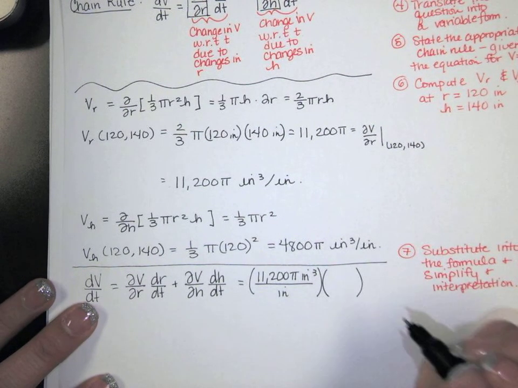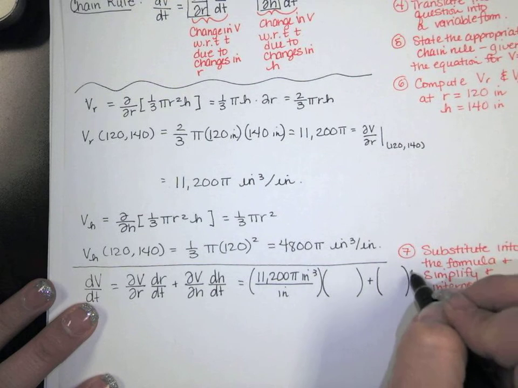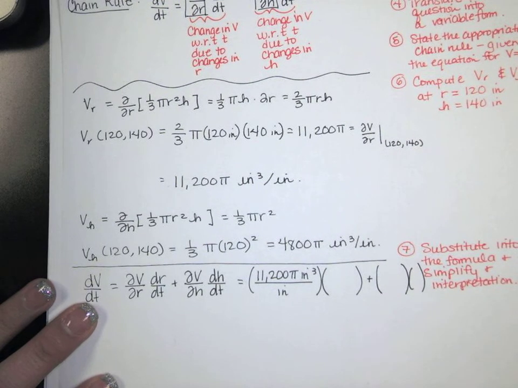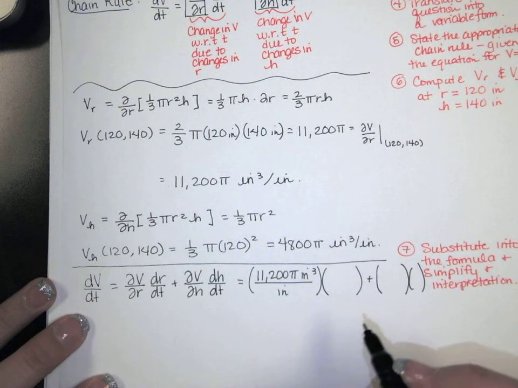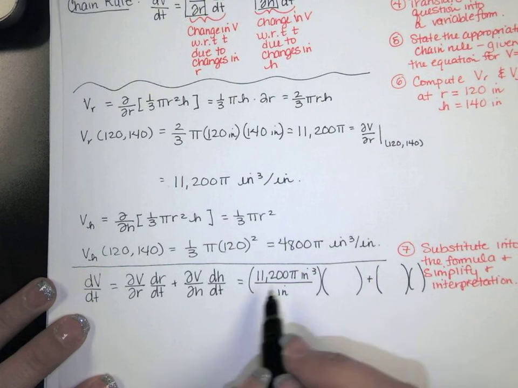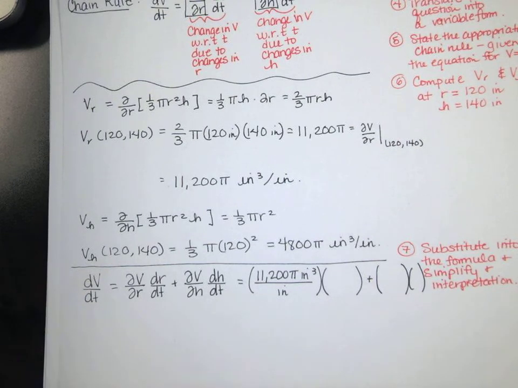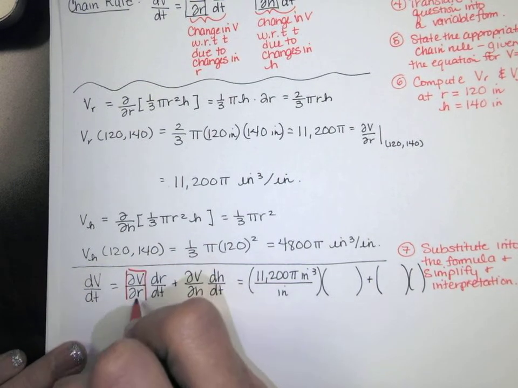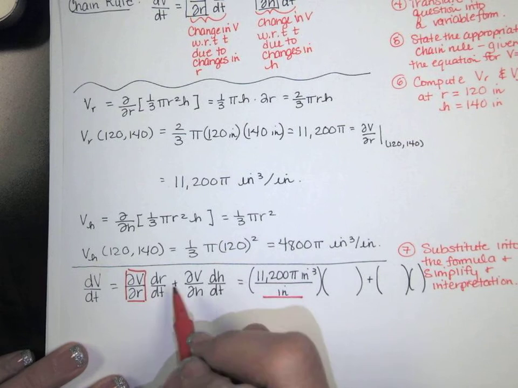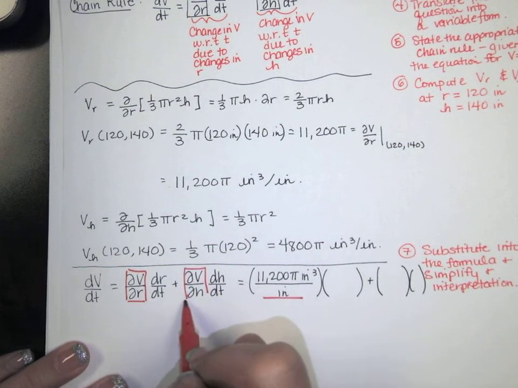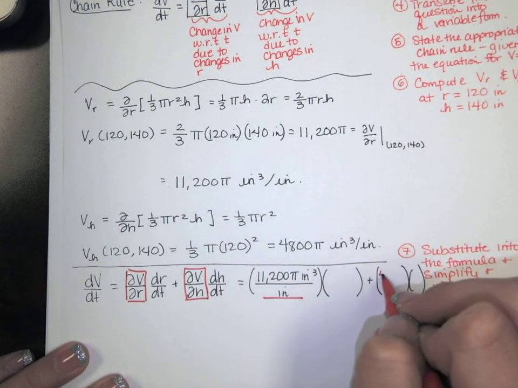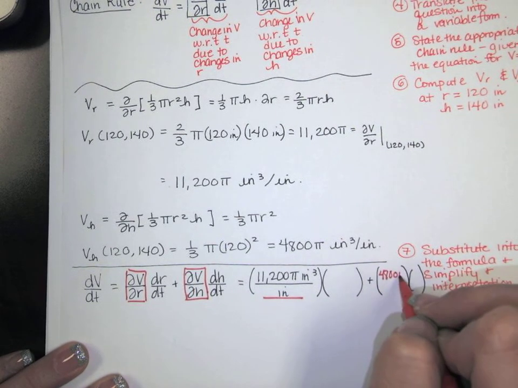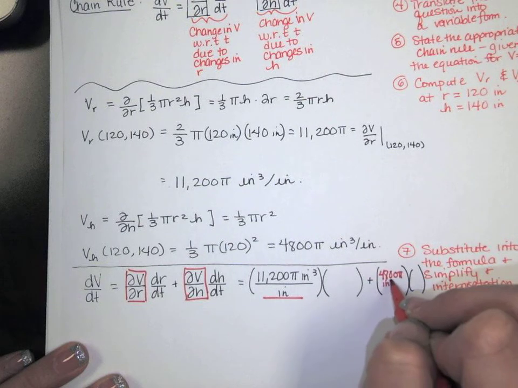We're going to multiply that by the change in r with respect to time. So I'm substituting that in. And then I'm taking the change in volume with respect to height, and I'll substitute that in: 4,800 pi inches cubed per inch.